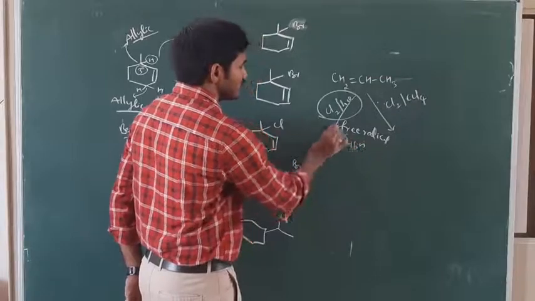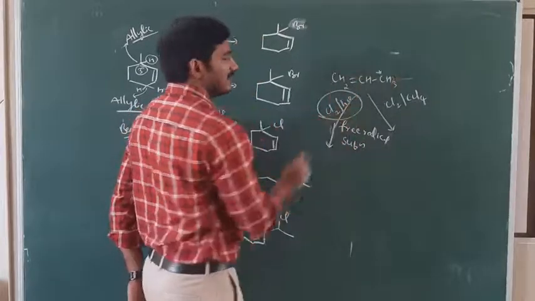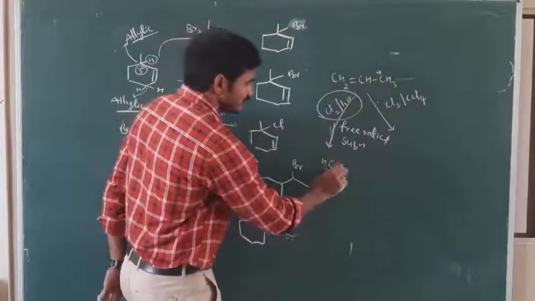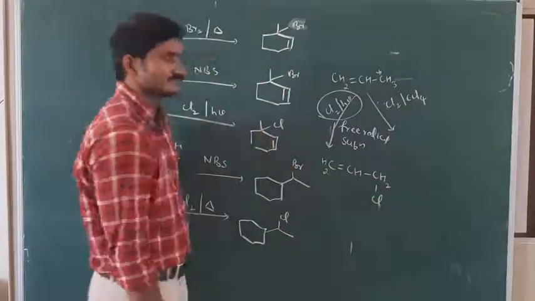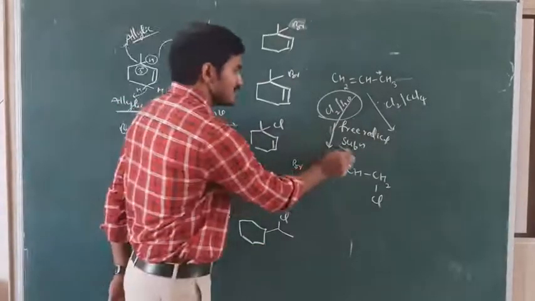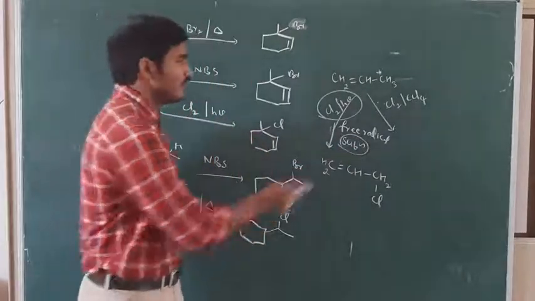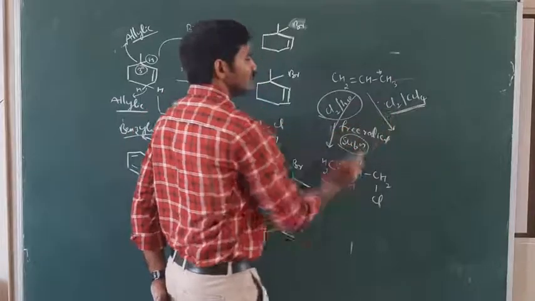Which position? Selectively allylic. So the product is CH2 double bond CH, CH2, Cl. This is a free radical substitution reaction. What about Cl2 in CCl4?